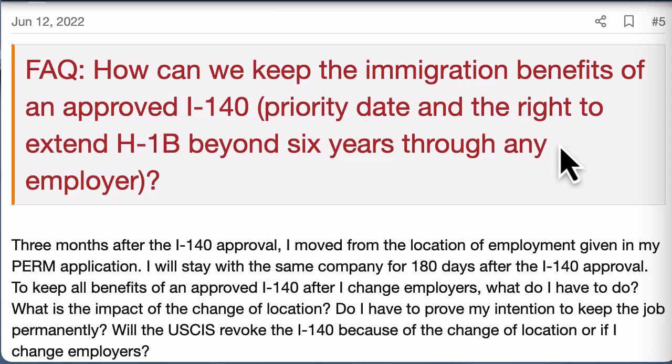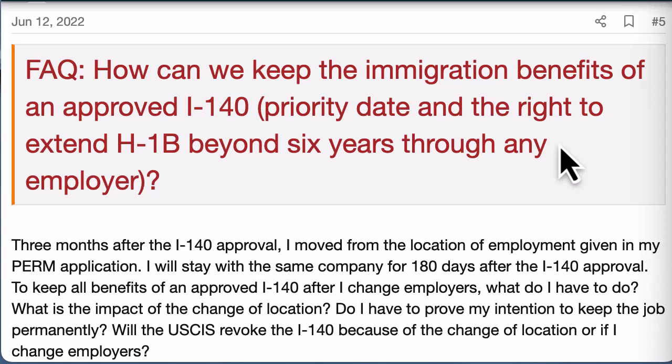And by the way, that priority date can be transferred across visa categories and job categories. So let's say you have a degree in computer science and another degree before that in chemical engineering. You could go from getting a green card under computer science to getting a green card under chemical engineering, and you could use the same priority date.